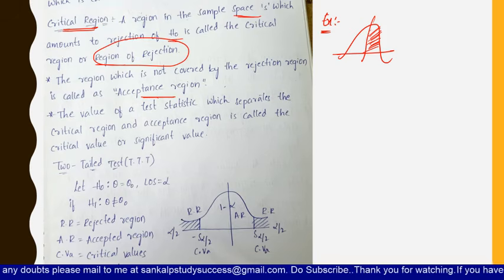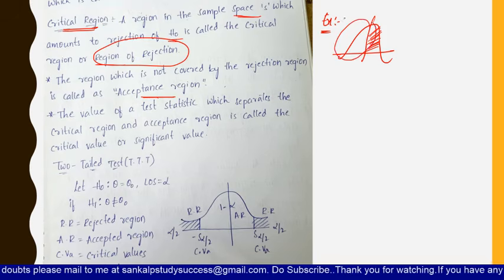That means this is the region which is not covered by the rejection. This is a very easy topic: the region which is not covered by the rejection region is known as acceptance region.